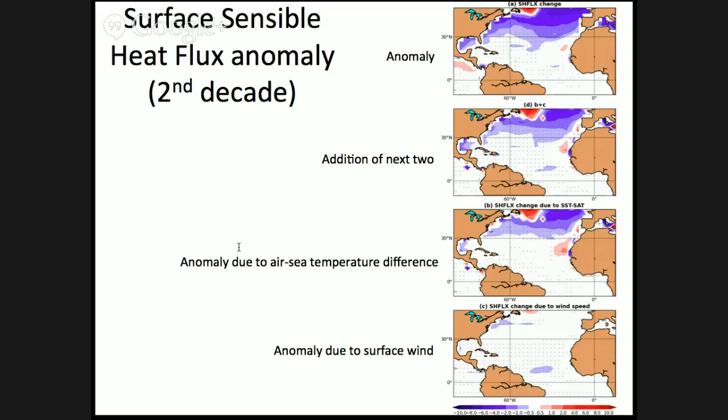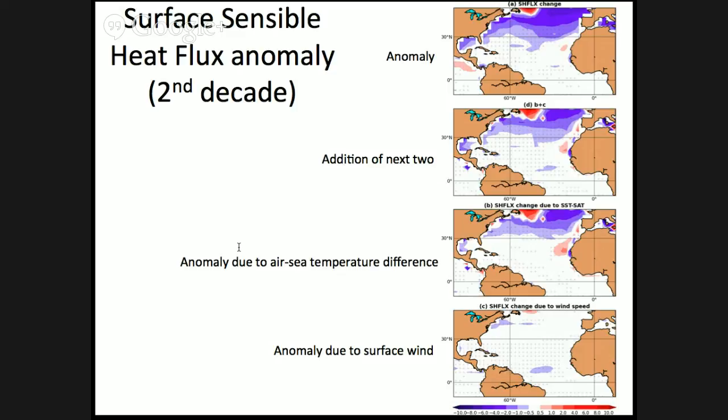Here is showing how the sensible heat flux is changed. You see that the anomalous sensible heat flux is dominating in the high latitude North Atlantic Ocean, and this anomaly is linearly separated into the contribution from the air sea temperature difference and that due to the surface wind.